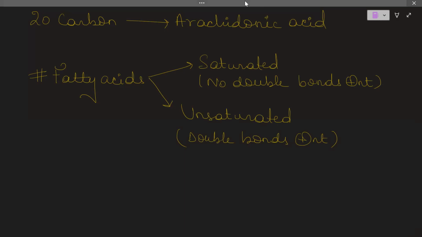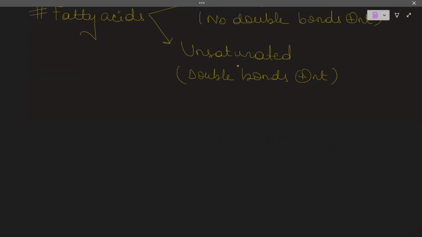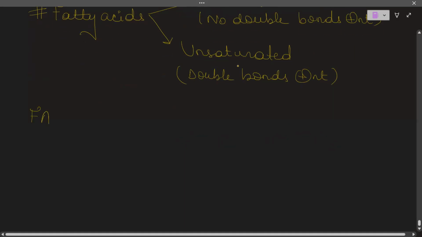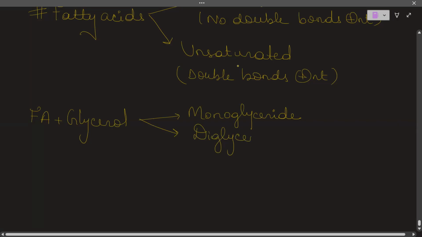Now, whenever the fatty acid combines with the glycerol, fatty acid plus glycerol, there can be yet another many different types. For example, they can be monoglycerides, there can be diglycerides, and lastly, there can also be triglycerides.